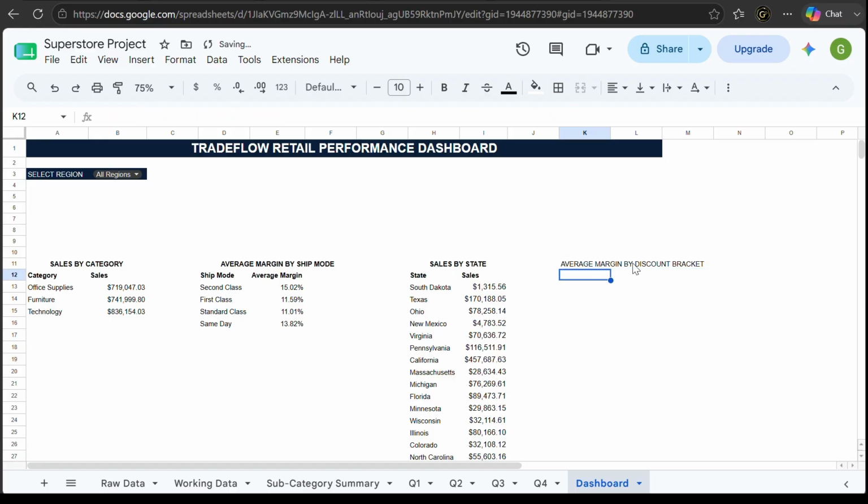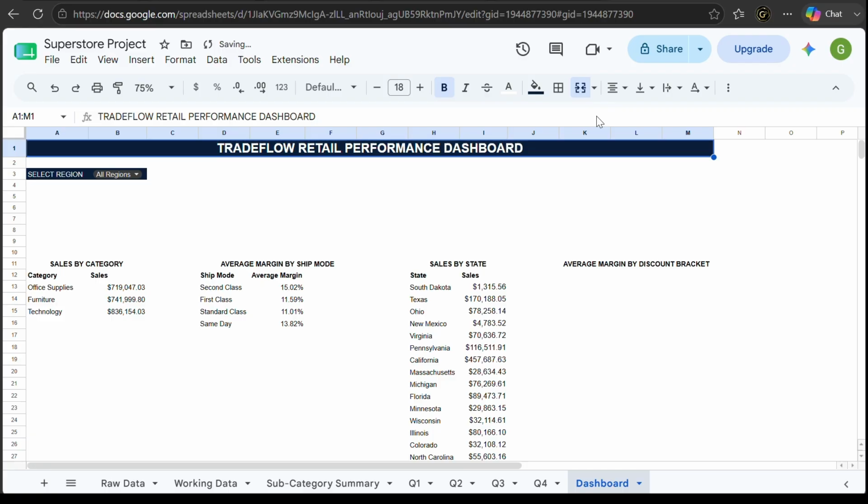Alright, so I'm just going to merge all of this, and then I'm going to centralize it, and then merge this. I'm going to make everything bold. Yeah, so that makes a lot more sense to me. I think I just need to merge this. Yeah, so it covers all through. So in this point here, I'm going to say discount bracket.